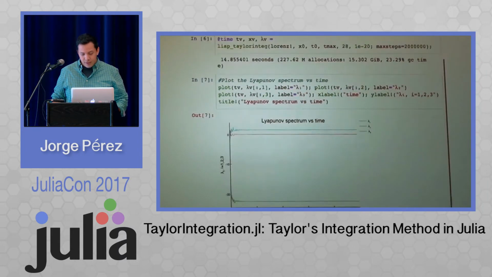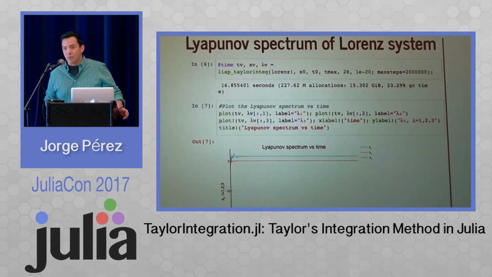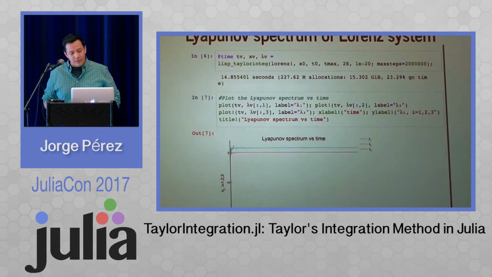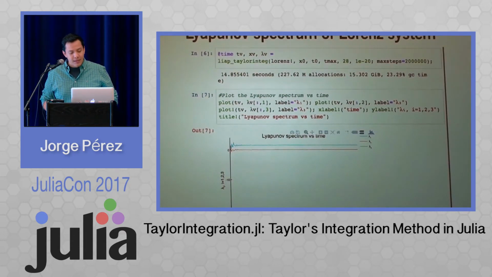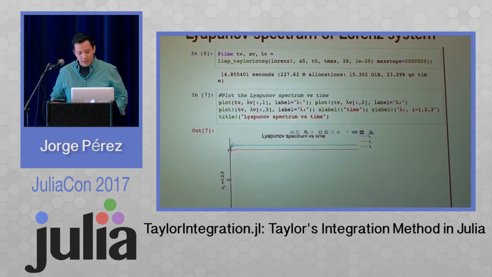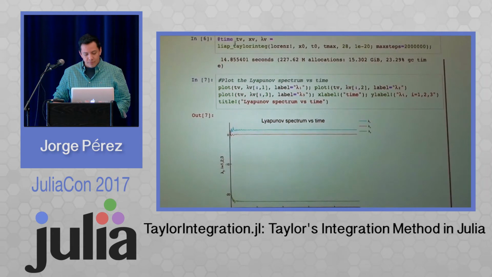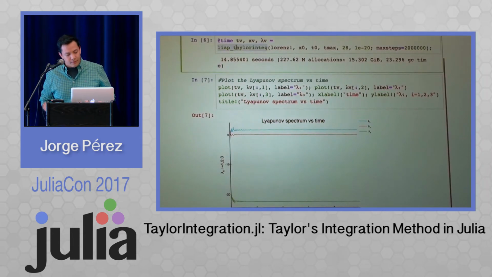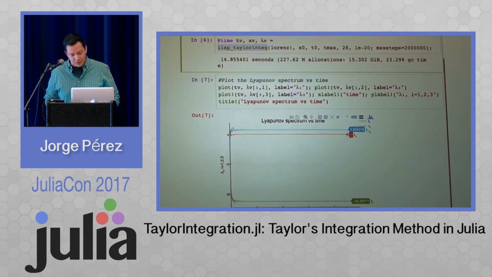Some other things that we are able to do with Taylor integration is to calculate the Lyapunov spectrum of dynamical systems. In this case, I'm showing the Lyapunov spectrum of the Lorenz system, and using this function, we are able to calculate the Lyapunov spectrum. Now, how sure can we be that this computation is accurate?